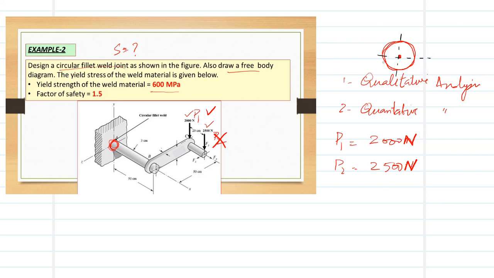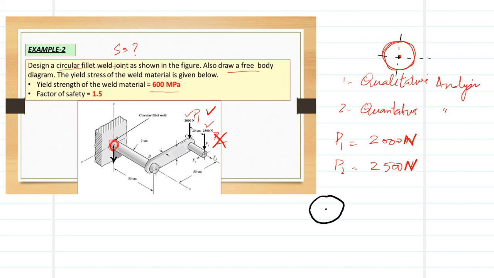That's why its centroid lies exactly at the center. So if I translate this load directly to the center, and draw a free body diagram, this is your free body diagram, let's say.